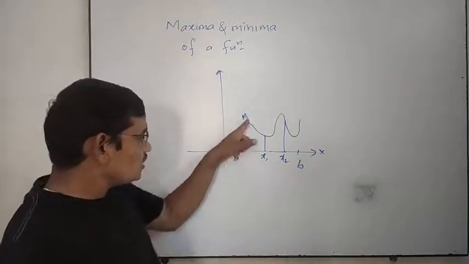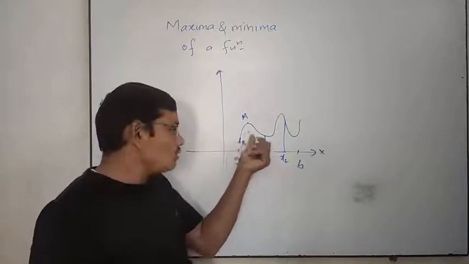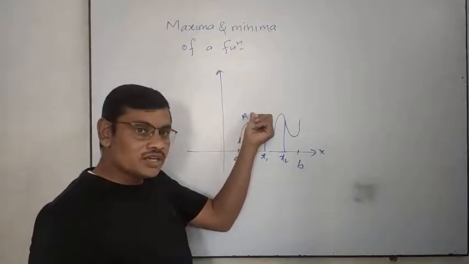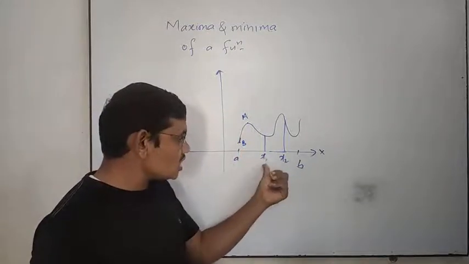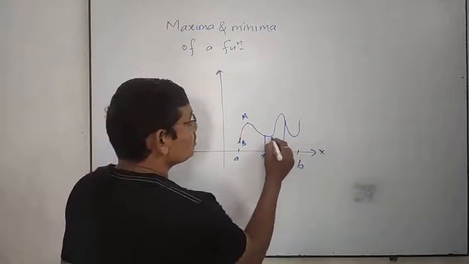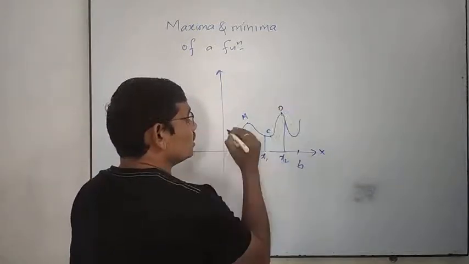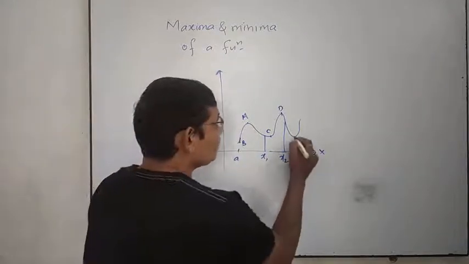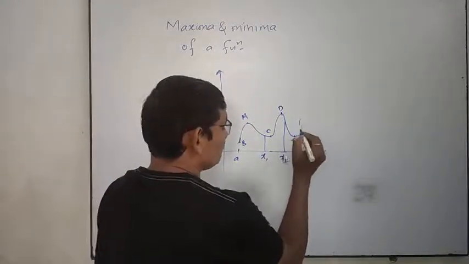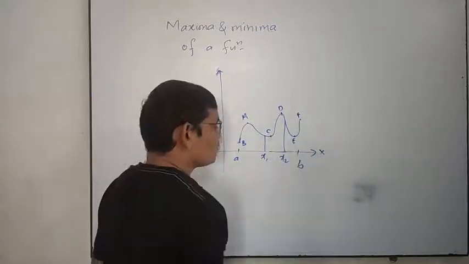So in this interval a comma x1, the function is maximum at point a and it is minimum at point b. Similarly, in this interval we find function is minimum at this point c and maximum at this point d. And in the last interval, function is minimum at this point e and maximum at this point f, suppose.